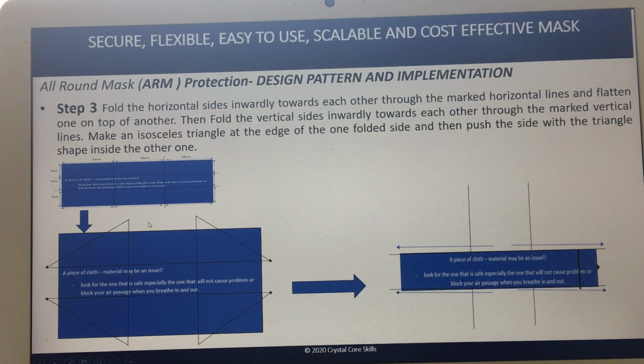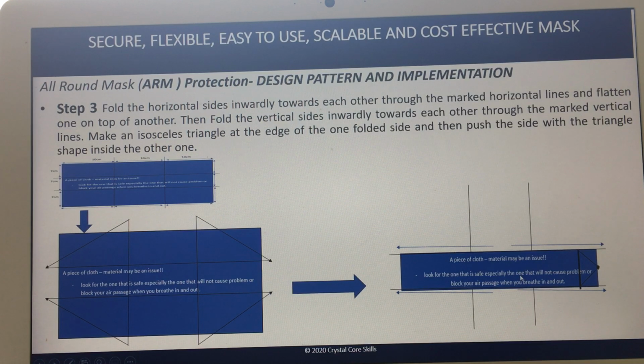You just do it by folding the long sides of the rectangle first onto the middle one, and that will lead to this long rectangle. So from here you need to fold the sides of the rectangle and form the middle one by folding this one on top of that one, and then folding that side on top of this one.